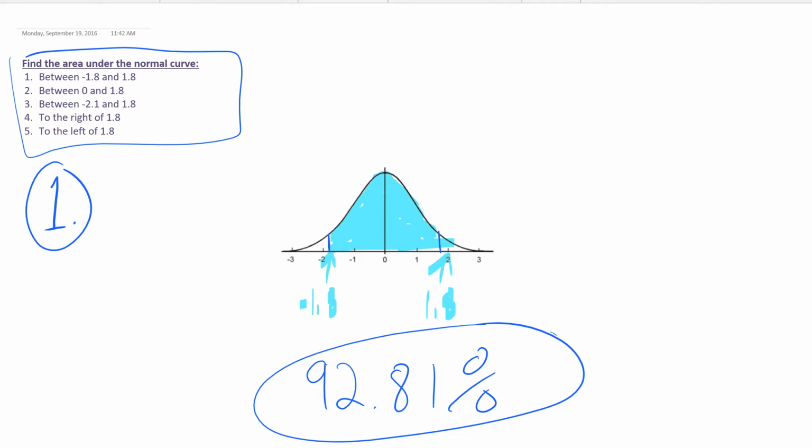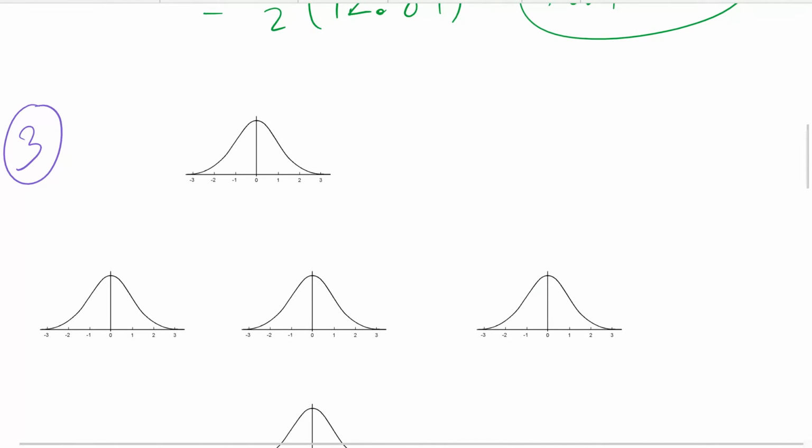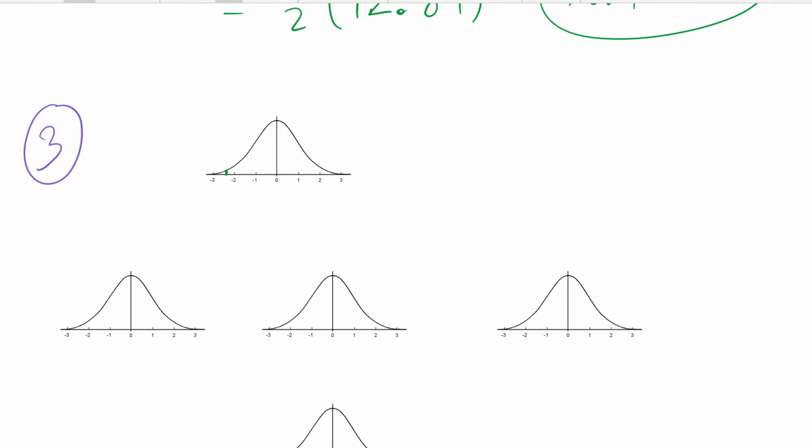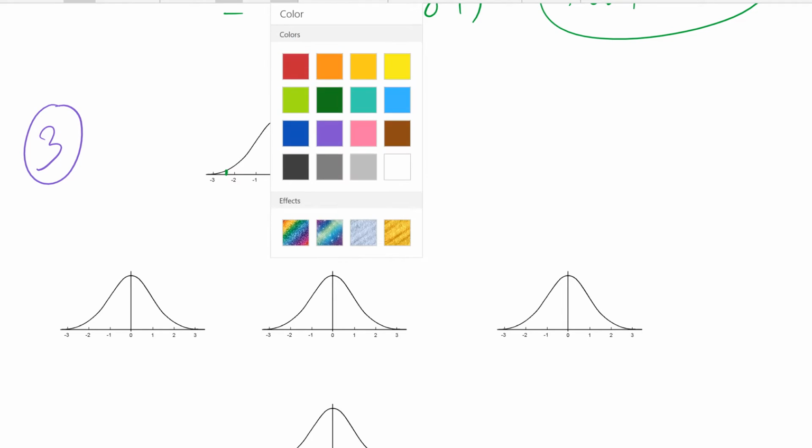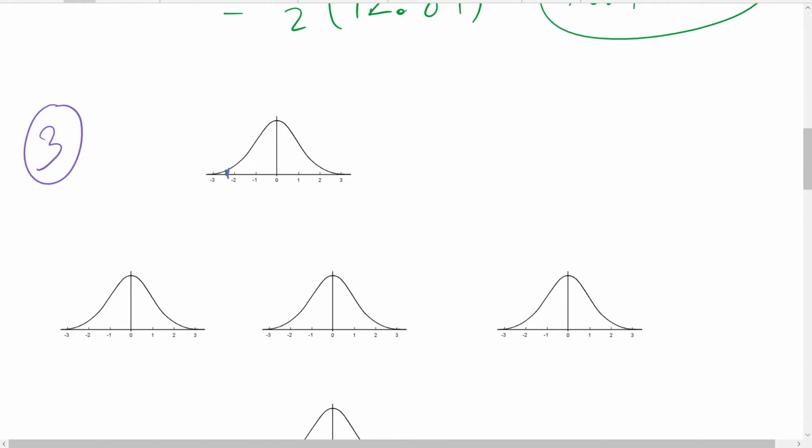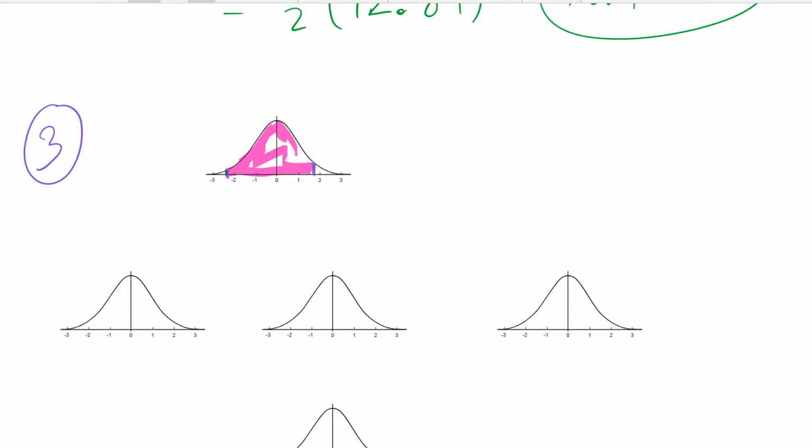Moving on to number 3. Between negative 2.1 and 1.8. Here's a rough sketch of what the area looks like. Now we can't look this up on the table because the negative number does not correspond to the positive number.